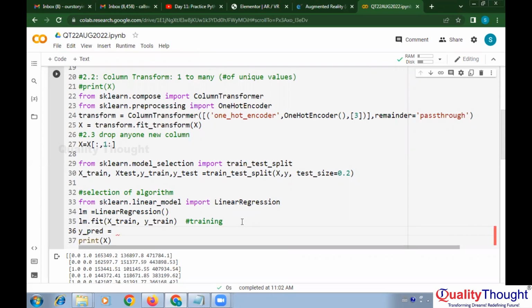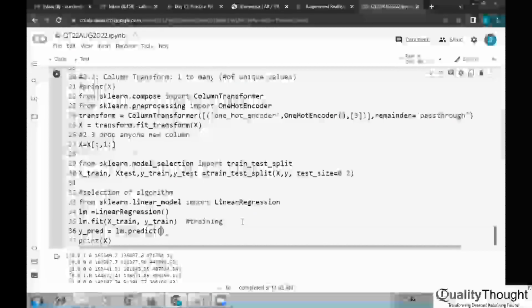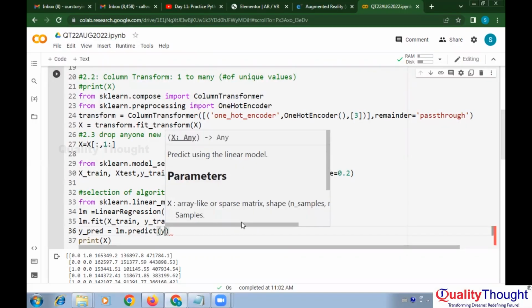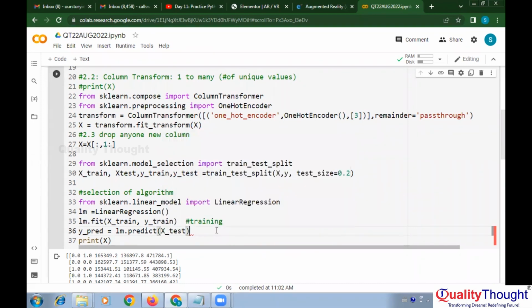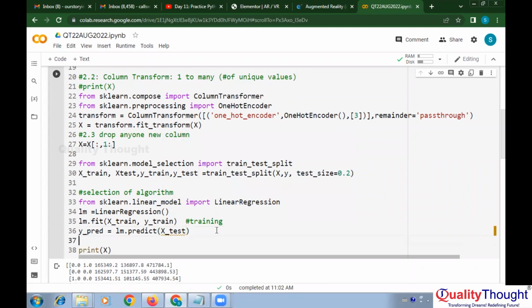I'm going to say lm dot predict, and we pass X test. So now X test is passed and Y pred is the values that are predicted by the model.